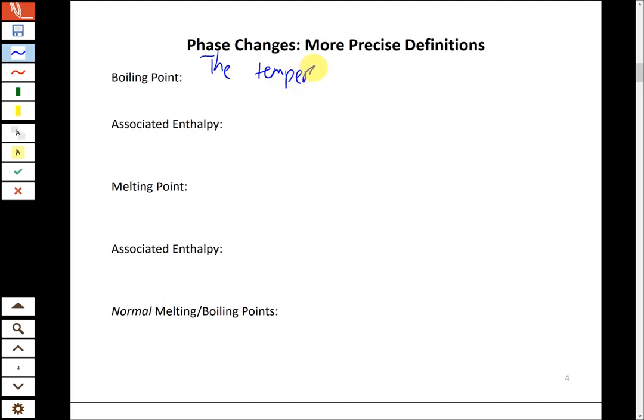Because when that happens, that's when molecules in net are going to start escaping into the gas phase. So the vapor pressure increases with temperature, and once the vapor pressure equals the surrounding atmospheric pressure, that's when we say we've reached the boiling point.